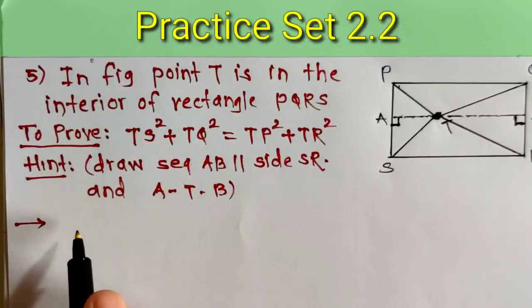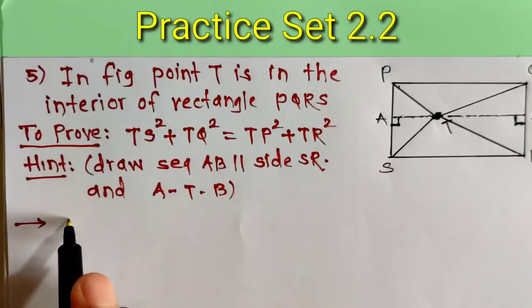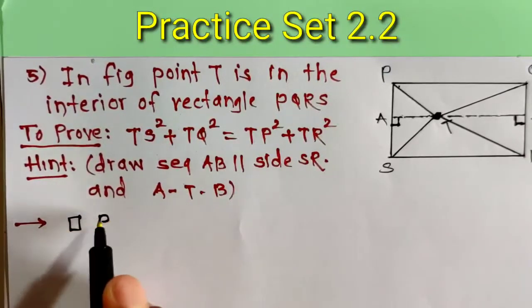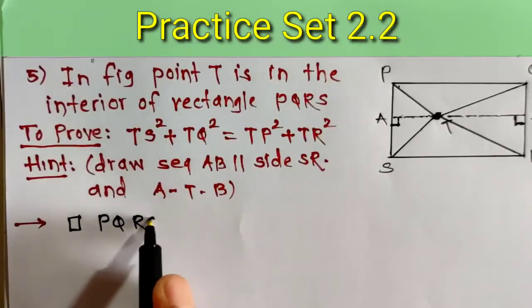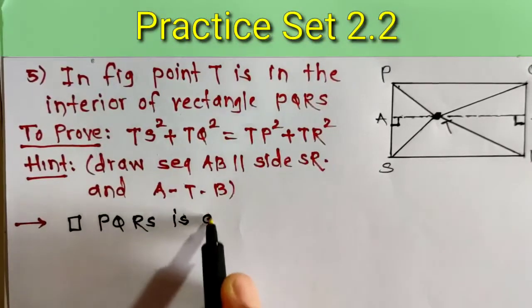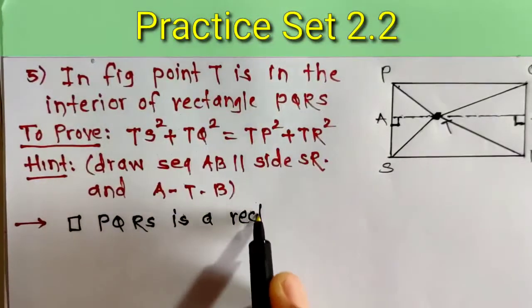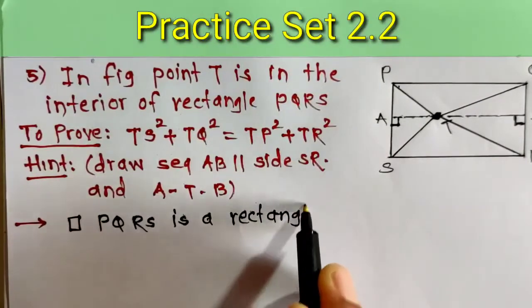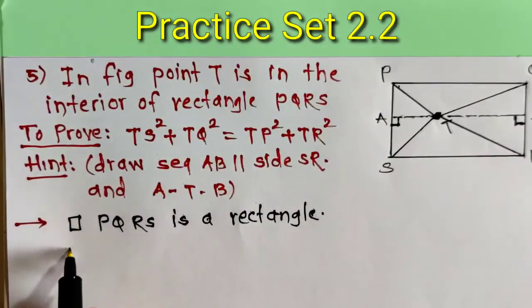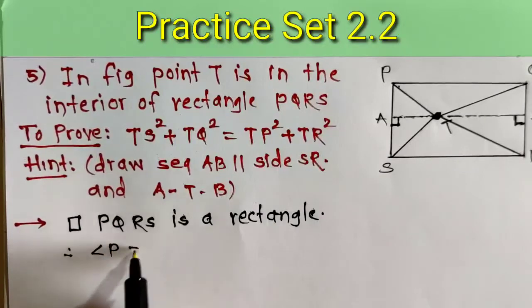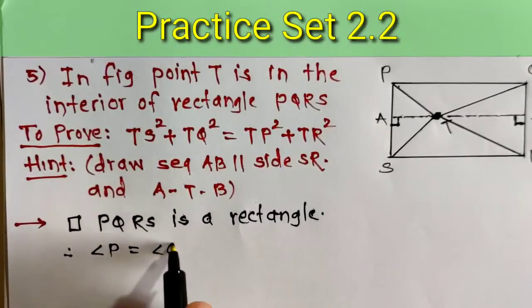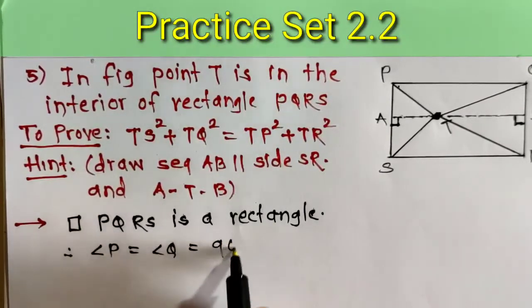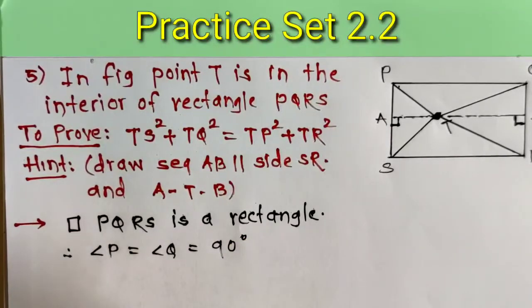So here, quadrilateral PQRS is a rectangle, and therefore angle P equals angle Q equals 90 degree. You know the property of rectangle.